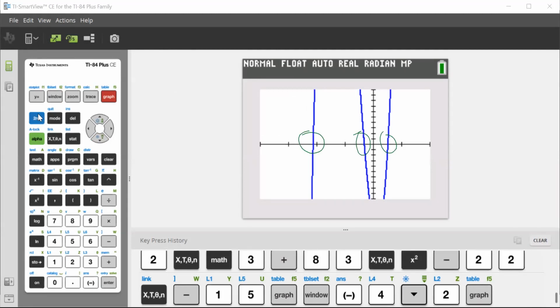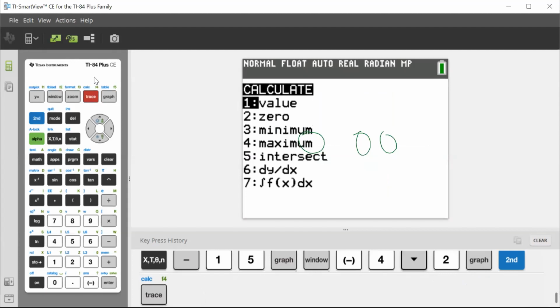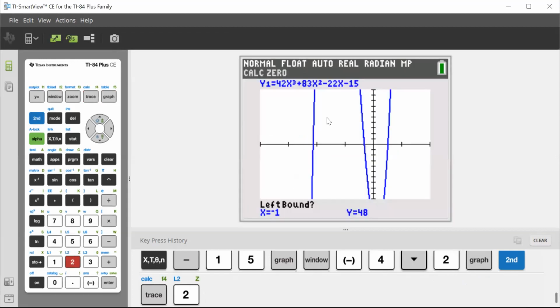The way we do that is press second trace. You notice there's a button up here that says calc, and then it'll give us these options. Because we're looking for horizontal intercepts, and recall that another word for horizontal intercepts is zeros, we can press number 2. Then the calculator is going to ask us for a left bound and a right bound.